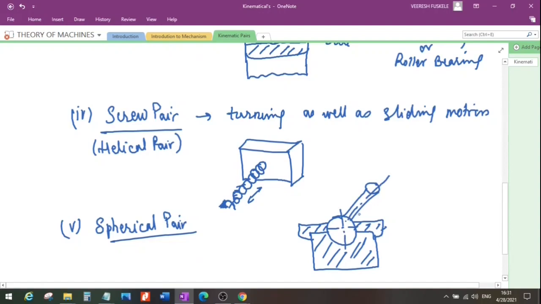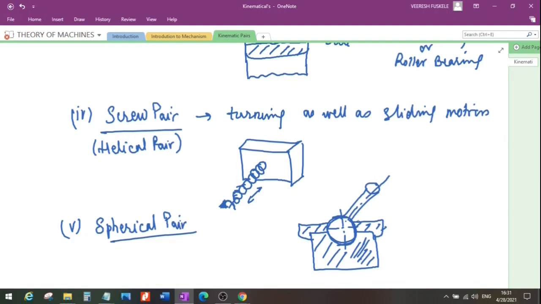There is this sphere which can turn in any of the directions inside this fixed link, right? This type of spherical pair you might have seen in video games. If you have played the video game, then the joystick is basically this spherical pair.